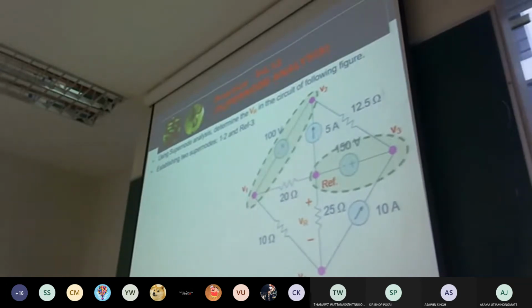Therefore, you have 2 supernodes, right? 2 voltage sources, 2 supernodes required. Therefore, you get only 2 KCL, at the location of supernode 1, 2, and node 4, right? And after that, you get the first equation, the second equation.